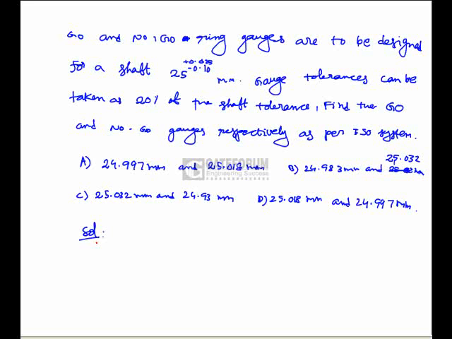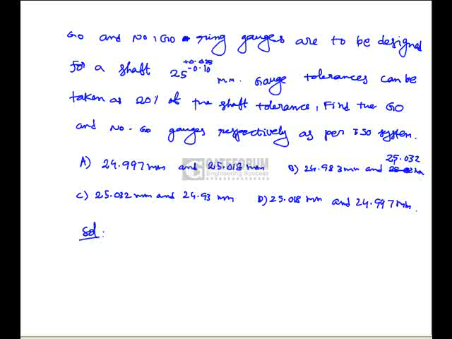Go and no go ring gauges are to be designed for a shaft 25 minus 0.10 plus 0.025 with tolerances. Gauge tolerances can be taken as 20% of the shaft tolerance. Find the go and no go gauges respectively as per ISO system.